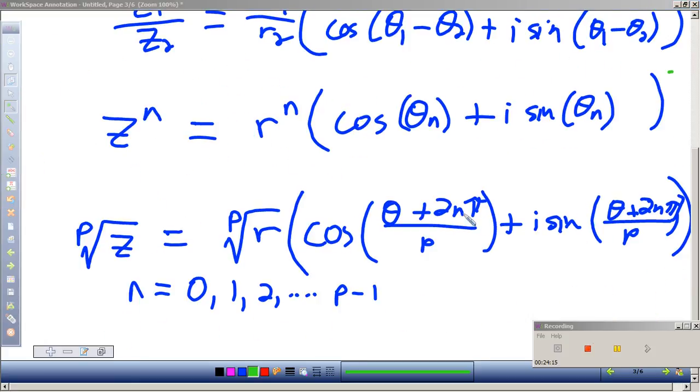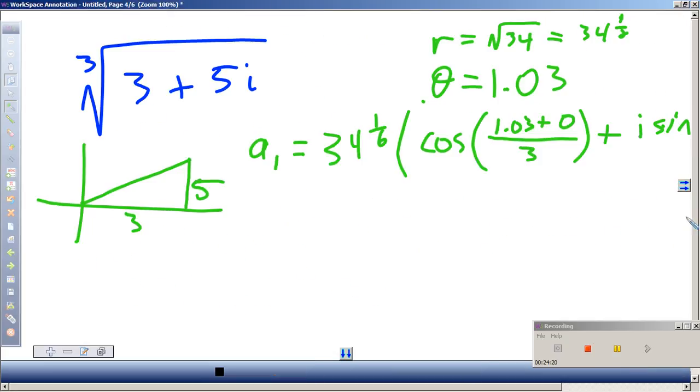So for our first one we put in 0 here, and we get 2 times pi times 0. Any questions?